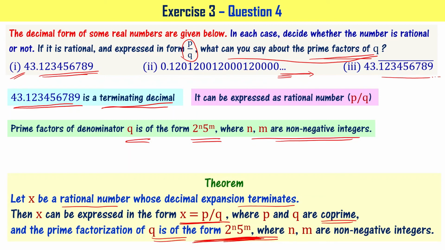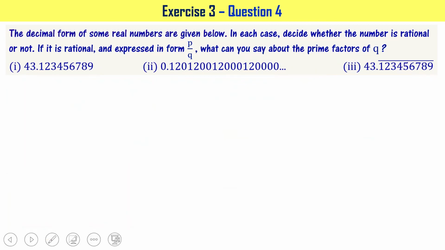Now let's look at the second part of the problem, that is 0.120120012000120000 and so on. When you have these three dots, it means that it is non-terminating, right? At the same time, look at this. I have 1 zero here after 12, then I have 2 zeros here, I have 3 zeros here, I have 4 zeros here.